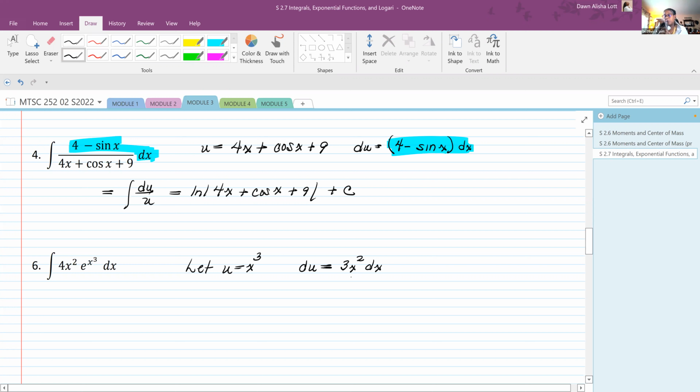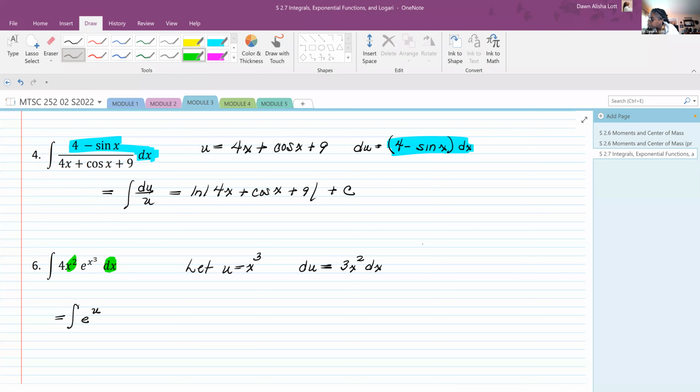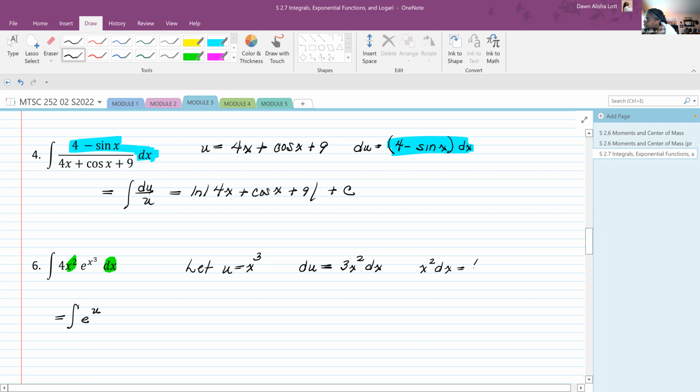Okay, so now how can I manage this? What am I going to do? I know that that term is e to the u. If I make x squared dx the general form, then that means x squared dx would be 1/3 du. Okay, any questions?